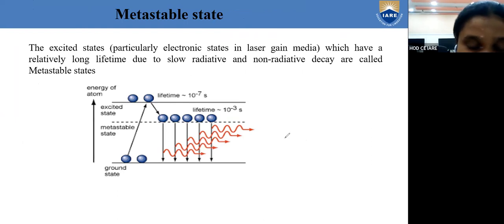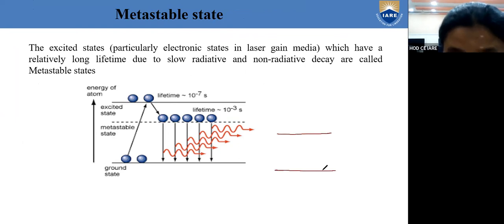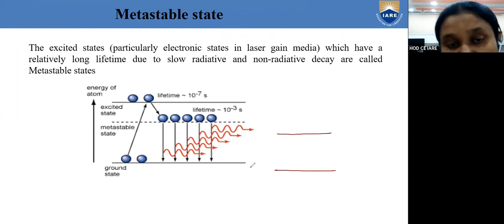One by one, whatever definitions I am taking are very important, so you should know them. Now, what is the main process which will give us laser light? Spontaneous, absorption, or stimulated?